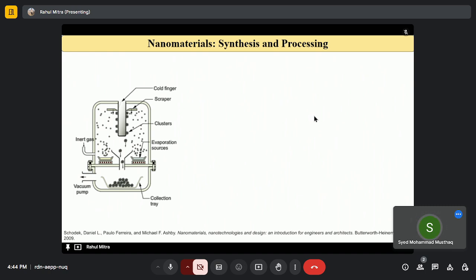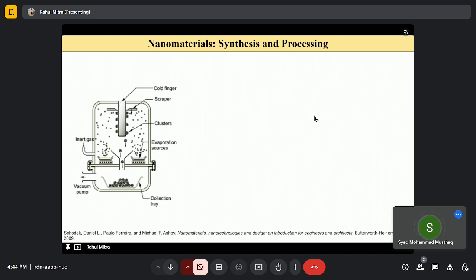Again, the 3-dimensional nanomaterials have the properties. It's like if you have a whole matrix, let's say I have an alloy, like aluminum copper, and inside my matrix I have nanocrystals. That will be called a 3-dimensional nanomaterial. The same goes for film deposition.